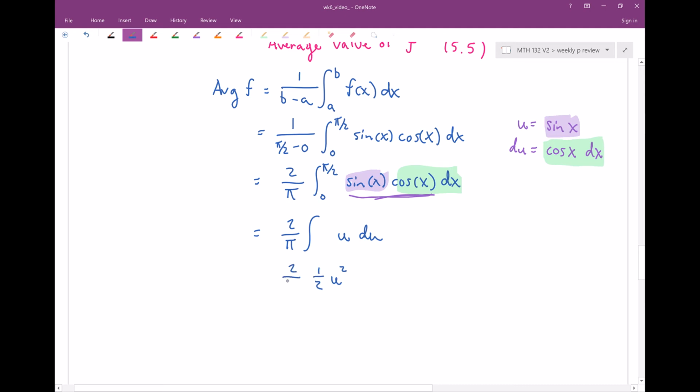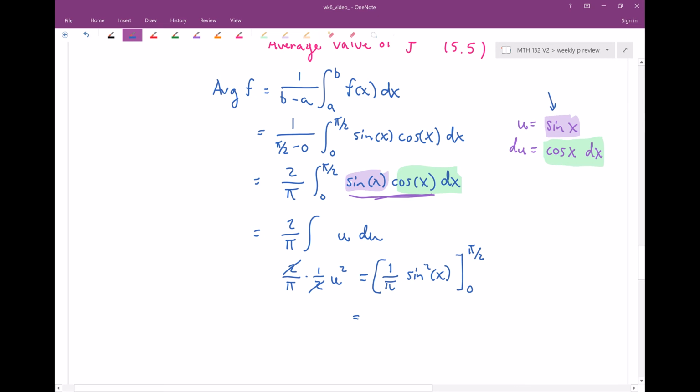And this is 2 divided by pi out here. So the 2's will cancel out very nicely. Then let's substitute back in for our x's. So this is going to be 1 divided by pi, and now u squared. Again, u was sine, so this is going to be sine squared of x, and I'm evaluating this from 0 to pi over 2.